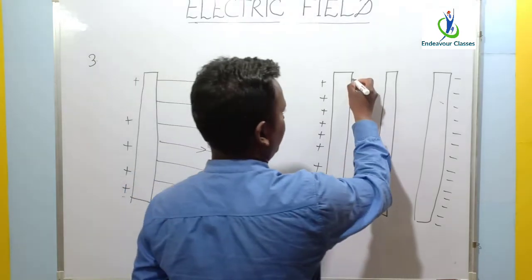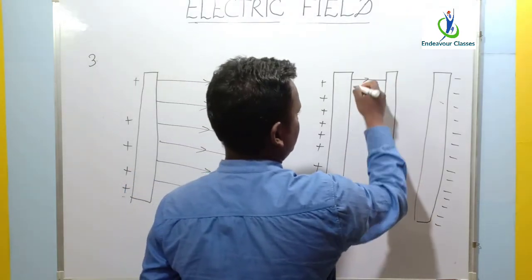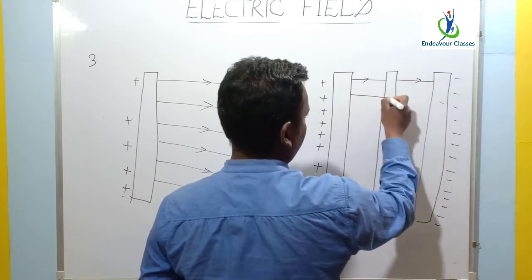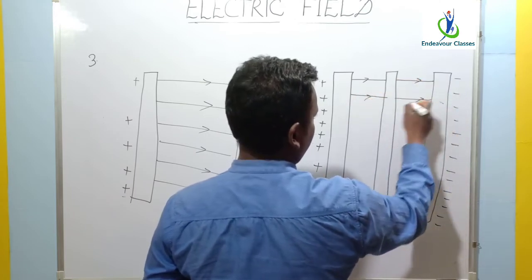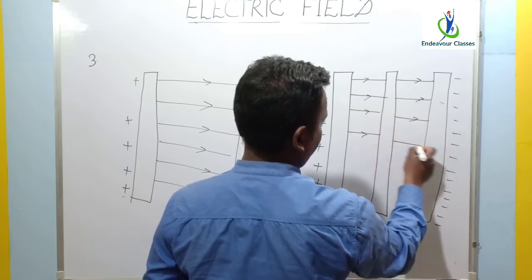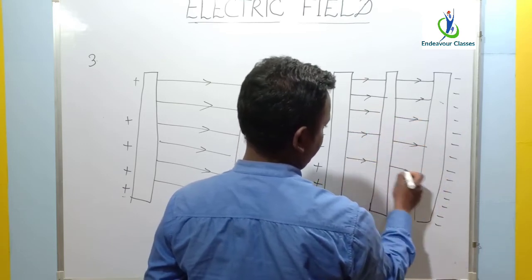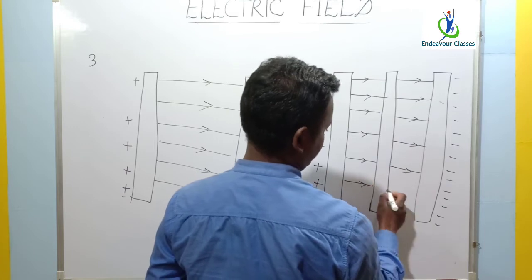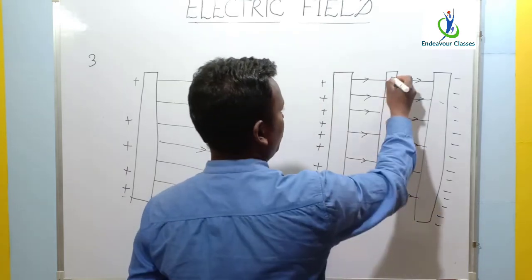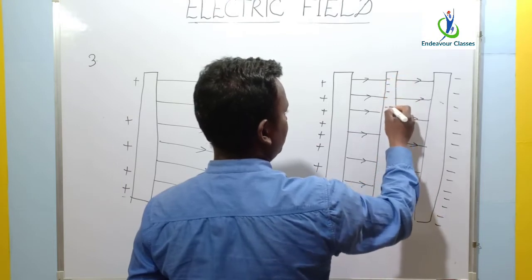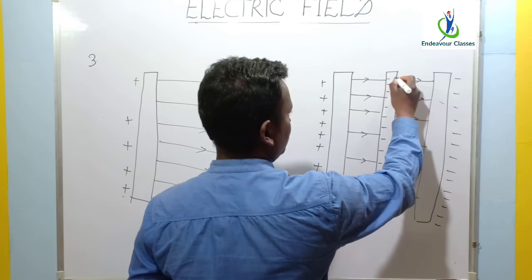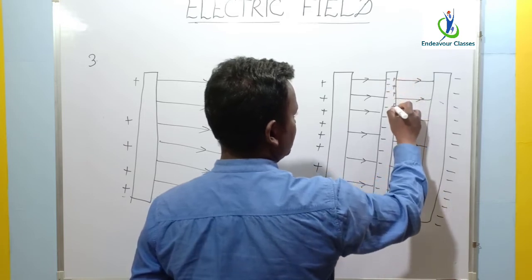What will happen? This will go like this. As this is a metallic piece, the negative charges will be attracted to this side and the positive charges will be attracted to this side.